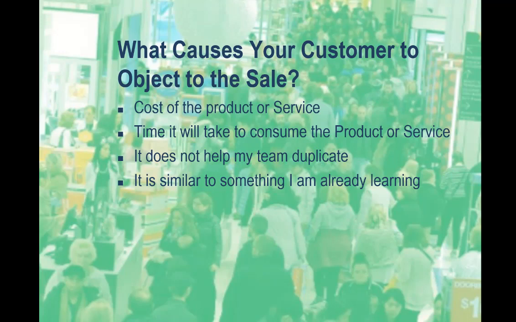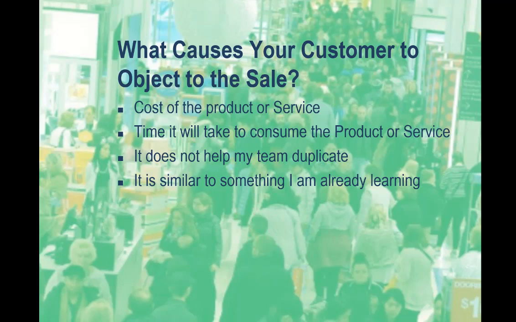So it's my job to help them overcome the objections to the sale. It's my job to help them see the vision of why they need to take the time to consume the product or service. It's my job to help them see why it can help their team duplicate. It's my job to help them see why it's not similar to something they're already learning.